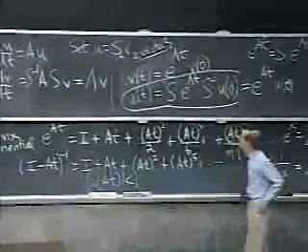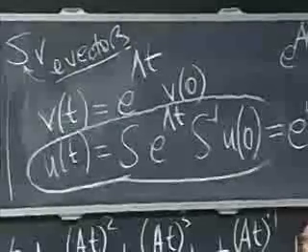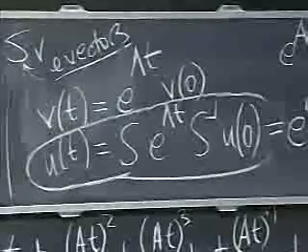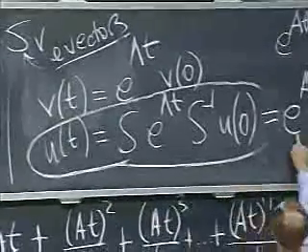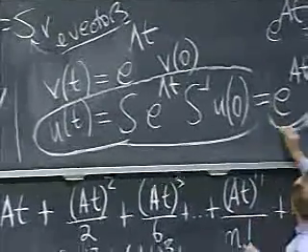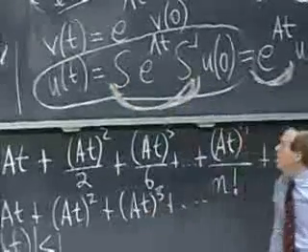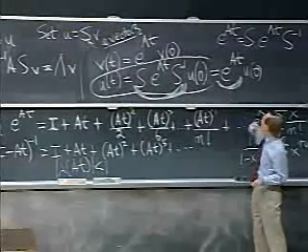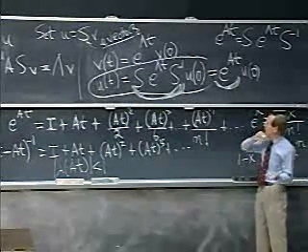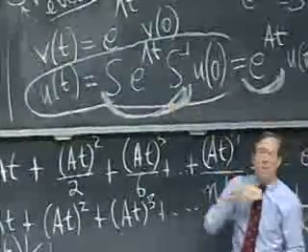So this is the guy I'm chiefly interested in, and this is my main thing now to do. How do I get e to the AT? How do I see that e to the AT is the same as this? In other words, I can find e to the AT by finding S and lambda, because now e to the lambda t is easy.